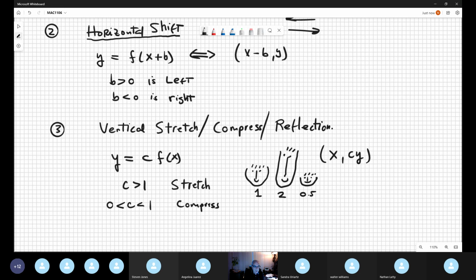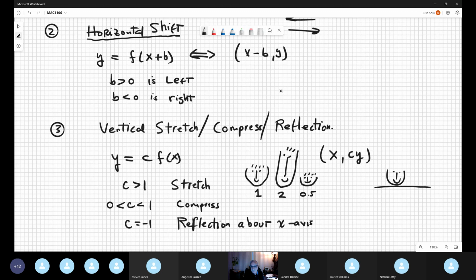And you multiply by -1 is reflection. And what does it mean to be reflection? Reflection, in this case, about or across or with respect to the x-axis. Suppose that this is my happy face.